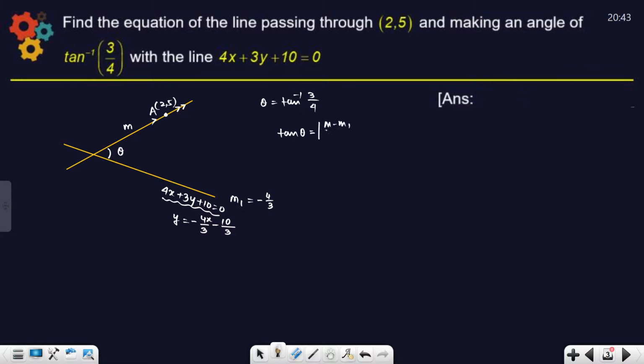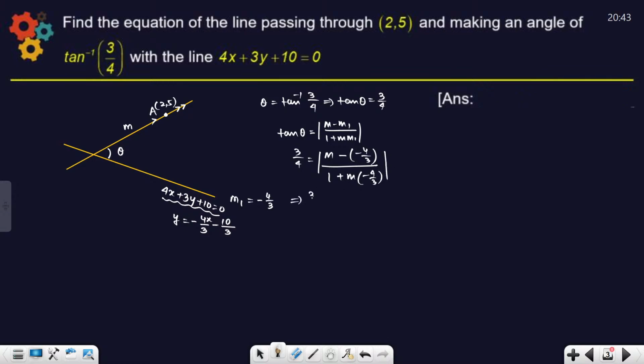So we know the angle between two lines, tan theta, is the modulus of (m minus m1) divided by (1 plus m into m1). Here we have been given theta is tan inverse 3 by 4, so tan theta is 3 by 4. So 3 by 4 equals the modulus of m minus (minus 4 over 3) over the denominator.